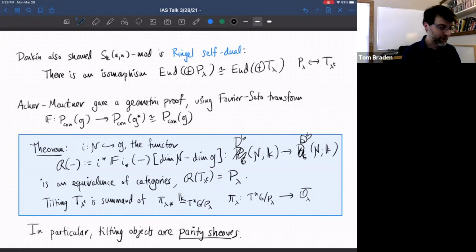The stalks and co-stalks vanish in odd degrees, or degrees with the same parity, basically. And that's a general principle: there's a general proof that if you have a highest weight category of perverse sheaves, then tilting objects end up being parity, or vice versa.